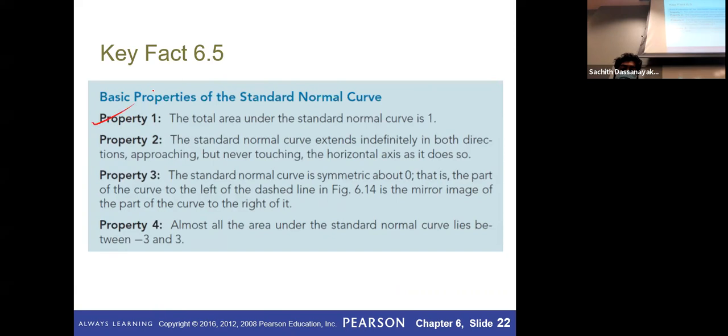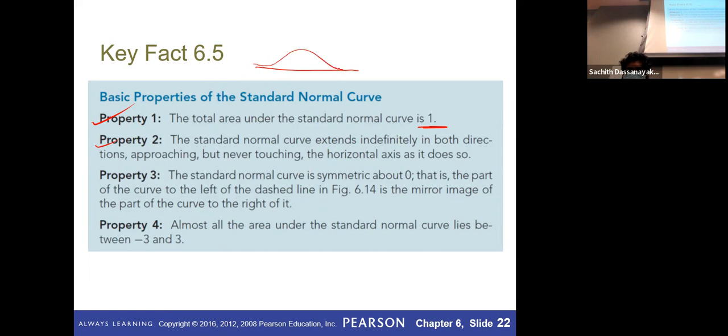The total area under this curve is 1. It doesn't change. This is what I told you last time: the ends never touch the horizontal axis.